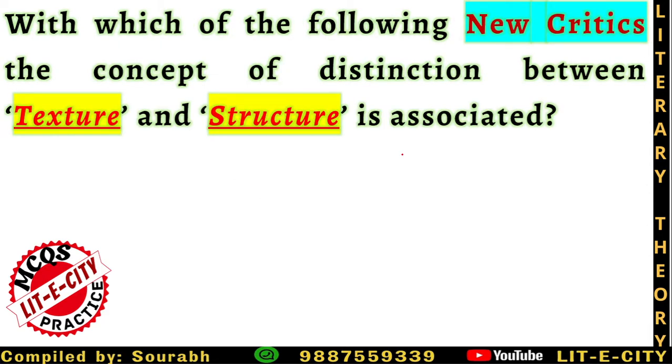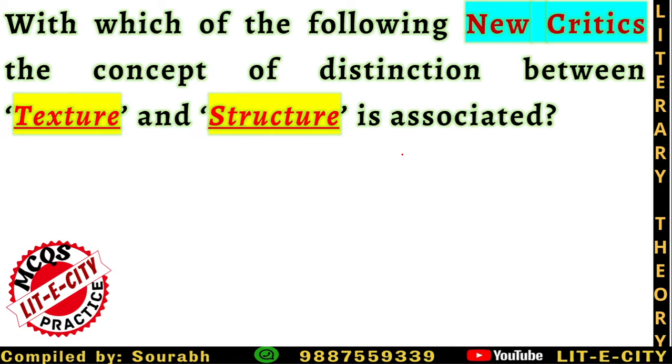Our next question states, with which of the following New Critics is the concept of distinction between texture and structure associated? New Critics have developed their own kind of vocabulary in which they have laid emphasis on terms like paraphrase, heresy of paraphrase, tension, close reading, organic structure.